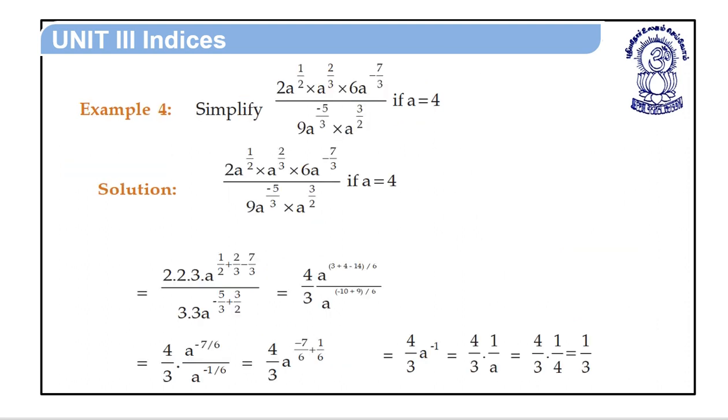Next, simplify 2a raised to 1 by 2 into a raised to 2 by 3 into 6a raised to minus 7 by 3 divided by 9a raised to minus 5 by 3 into a raised to 3 by 2, if a is equal to 4.